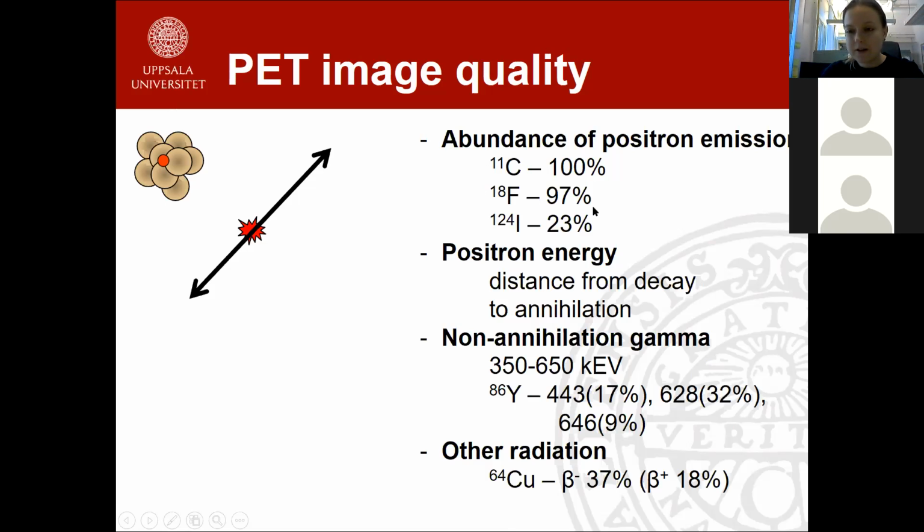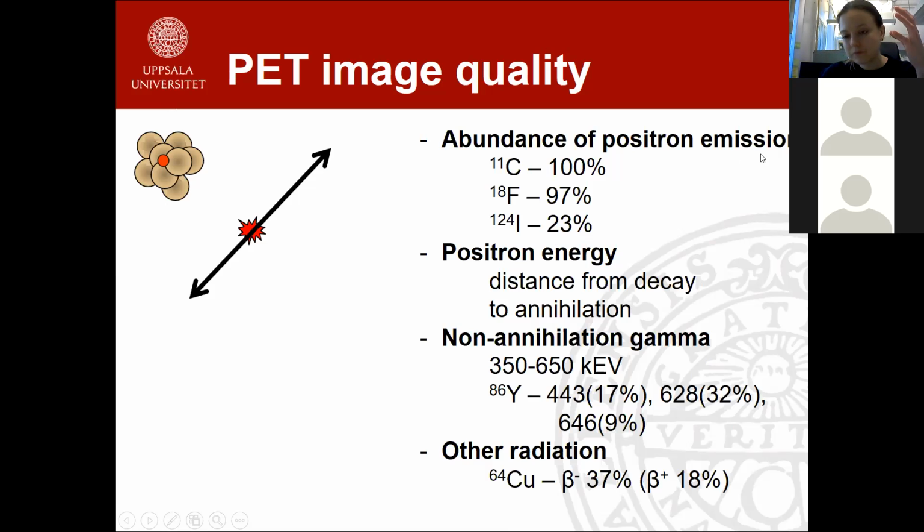In case of fluorine-18 it is also very similar. For 97% of decays, there will be positrons. And that means that we also don't need to administer a high dose to get a good image. But in case of iodine-124, only 23% of decays emit positrons.